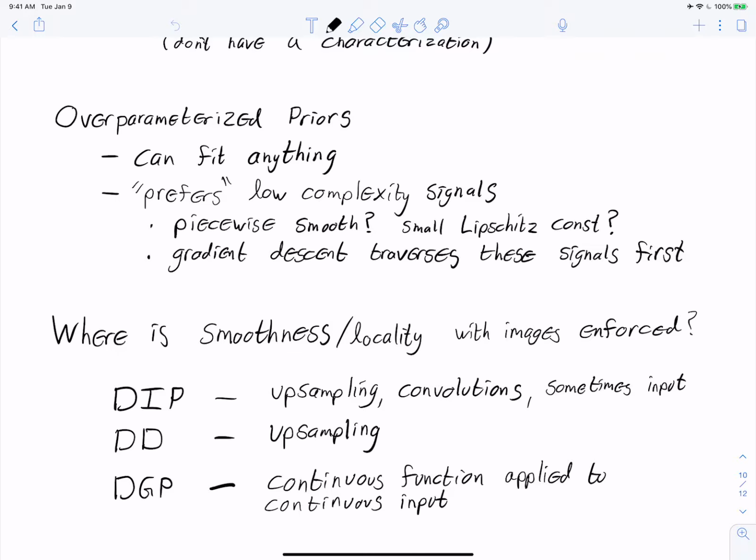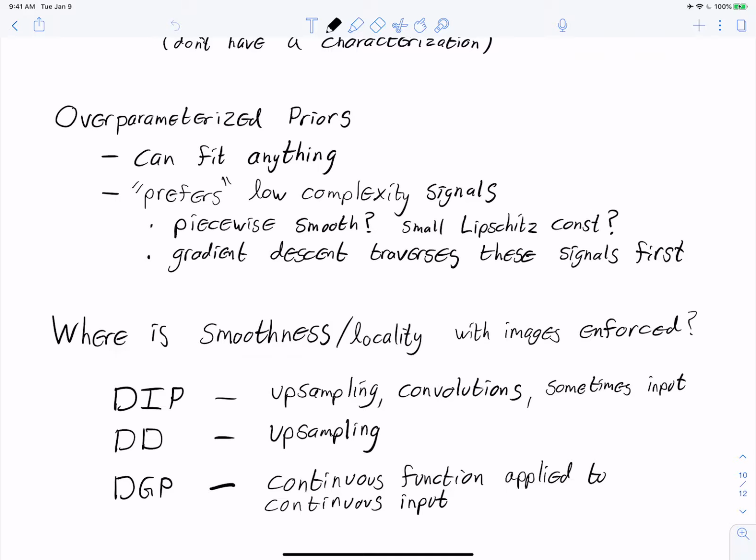Now the deep decoder, the only way that it gets continuity or smoothness is through upsampling. It only had one-by-one convolutions, which have no spatial extent, and so those have no direct effect on the smoothness or locality within an image.